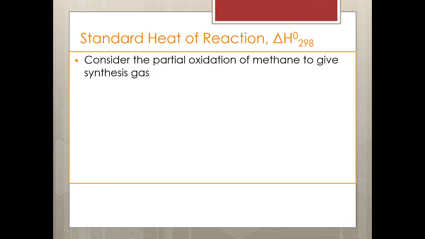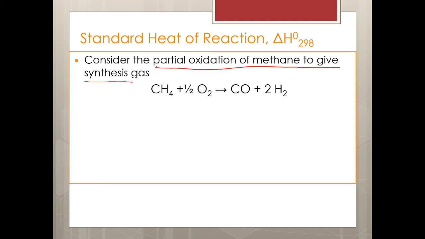So, for example, we have partial oxidation of methane to give synthesis gas. Ano ba yung synthesis gas? Compose yan ng carbon monoxide, tsaka hydrogen gas. Synthesis gas yan. So, partial oxidation ng methane to give rise sa synthesis gas.